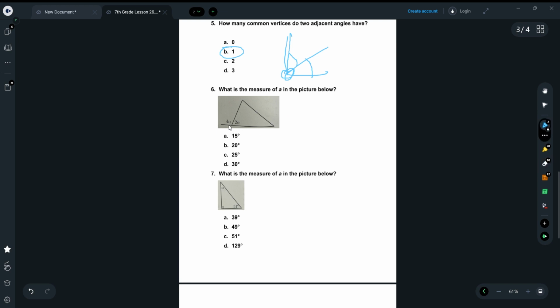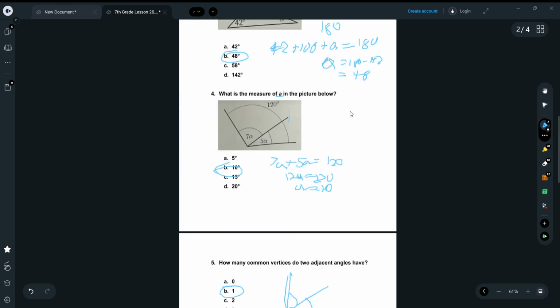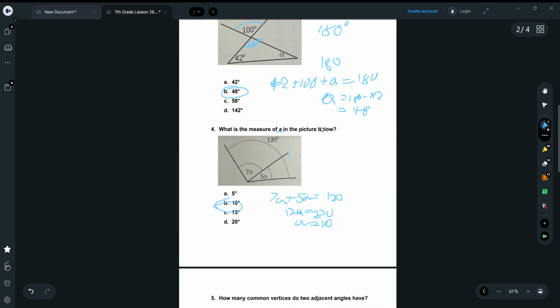So you see it's asking the measure of angle A, and it shows a straight line with a little divide on it, and says this is 2A and this is 4A. This situation is exactly the same as the previous question, and number one as well.